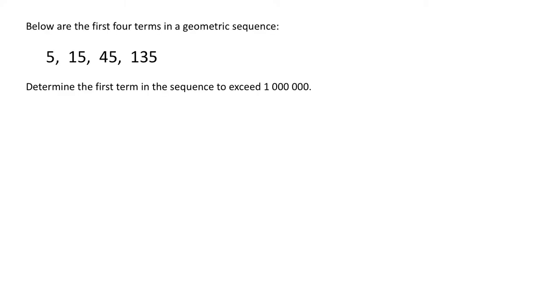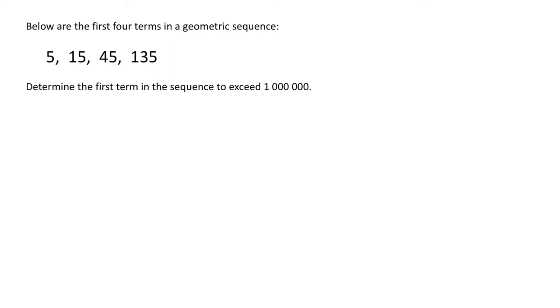In this example, it gives us the first four terms of a geometric sequence, and it wants us to determine the first term in the sequence that is going to exceed 1 million. The first four terms are 5, 15, 45, and 135. To determine the term number that first exceeds 1 million, I need to be able to write the rule for this sequence.